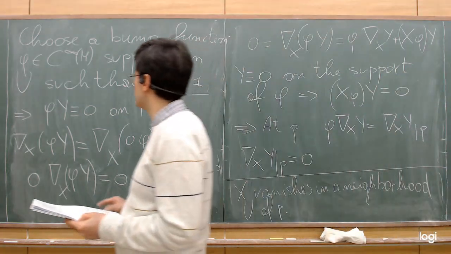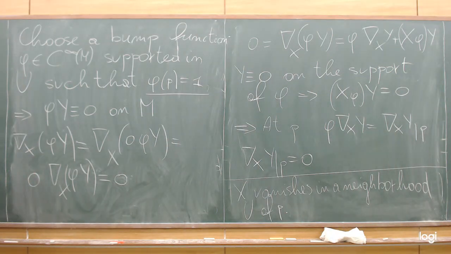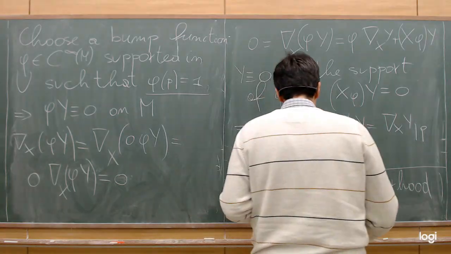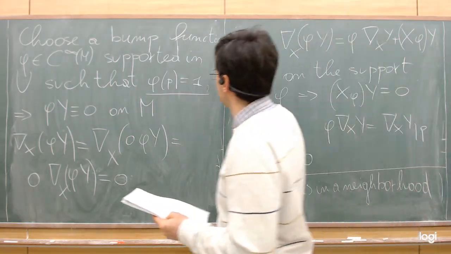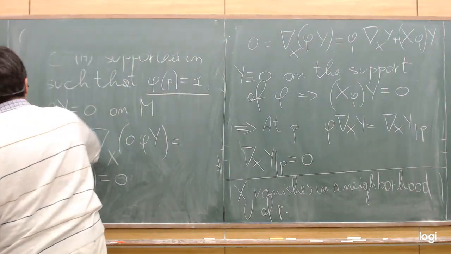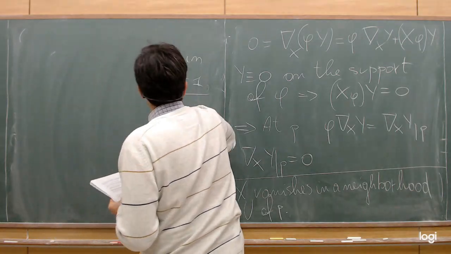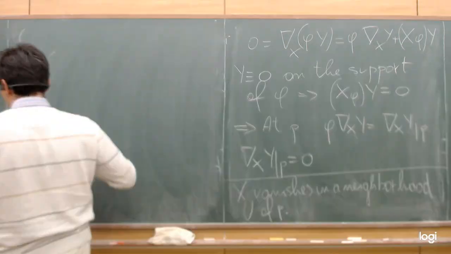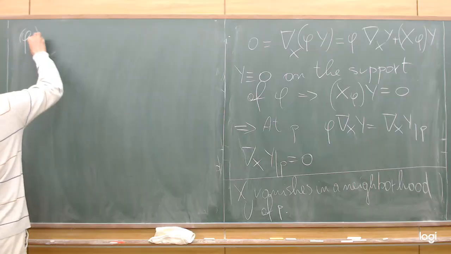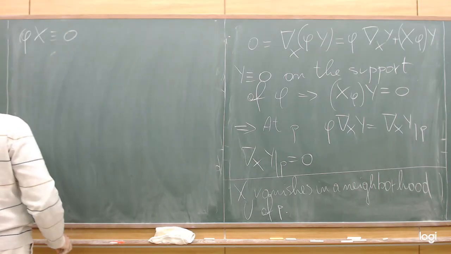Suppose that φ is exactly the same bump function we used before. Then I have that φX is identically 0.